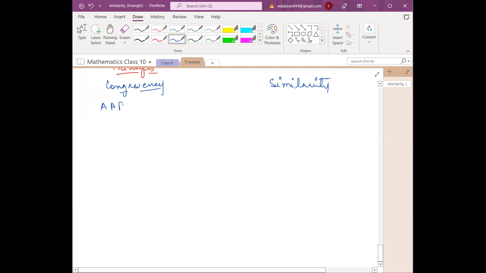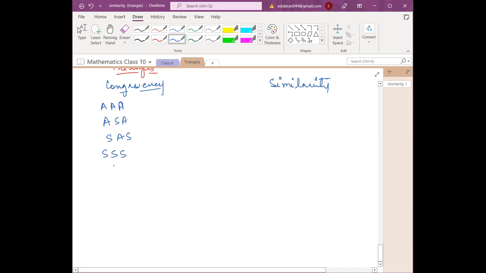That means AAA, that in two triangles, if all the three angles are equal, then the triangles are congruent. Then ASA, that means if two angles are equal and one side is equal, then the two triangles are congruent. Then SAS means two sides and one angle. SSS, that means all the three sides are equal in length, then the triangles are congruent.